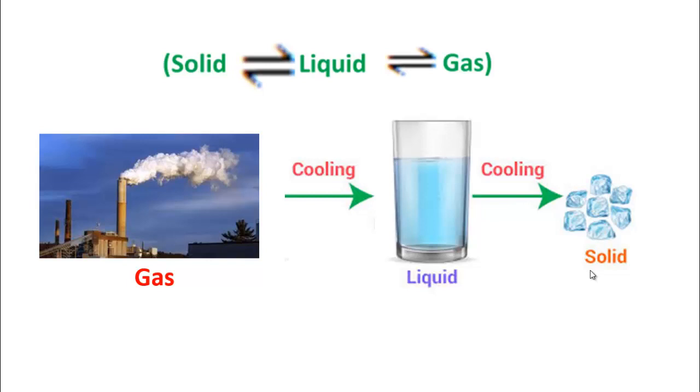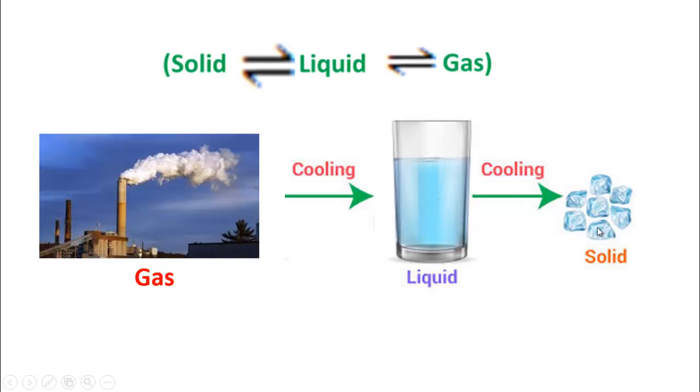The kinetic energy of the gaseous molecules will decrease due to decreasing temperature, and their attraction force will increase, the distance will decrease, and at some point it is converted into the liquid state. And on further cooling the liquid substance, the intermolecular attraction force gradually increases, the intermolecular distance gradually decreases, and at some point it is converted into a solid substance.